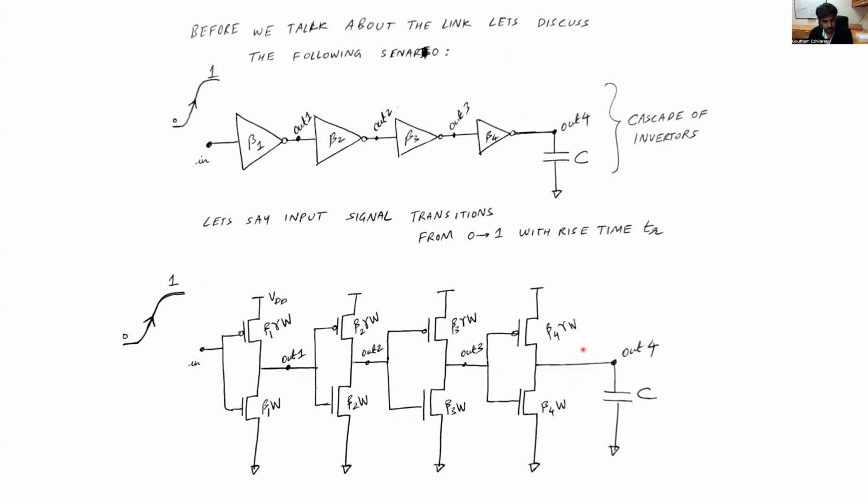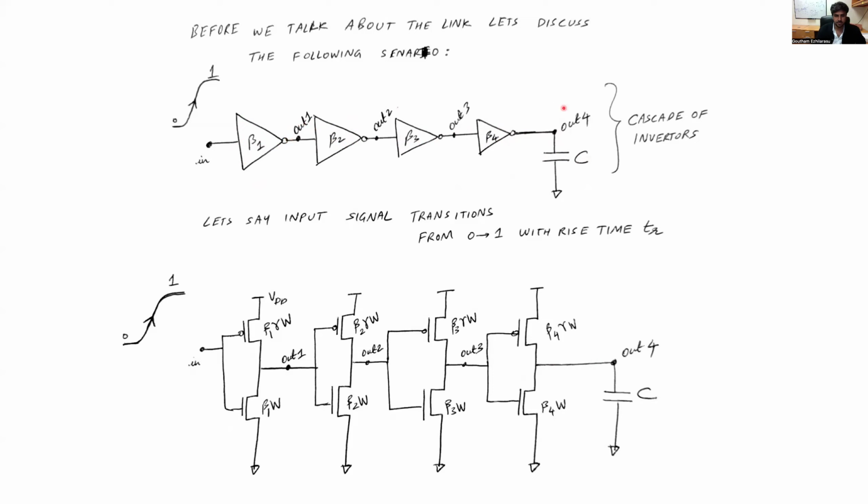Before we continue further, we need to talk about a very important concept called propagation delay. To understand this, let us consider the following scenario where there are multiple inverters connected in cascade. You have one inverter, beta 1, connected to beta 2, beta 3, beta 4 inverters, which is finally terminating, say, at some capacitance C. Let's denote the outputs at each one of these nodes as out 1, out 2, out 3, and so on.